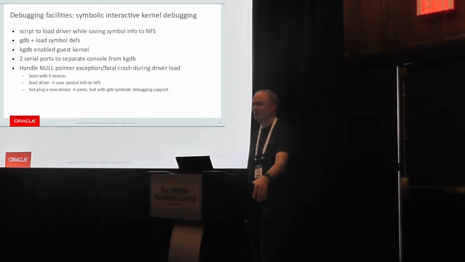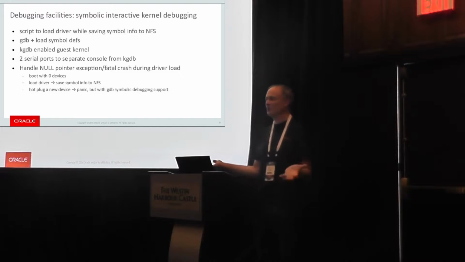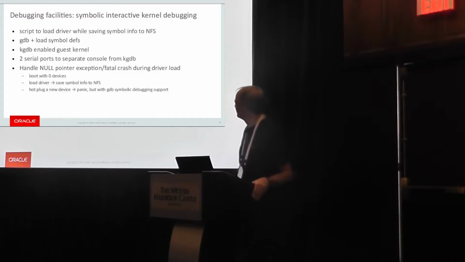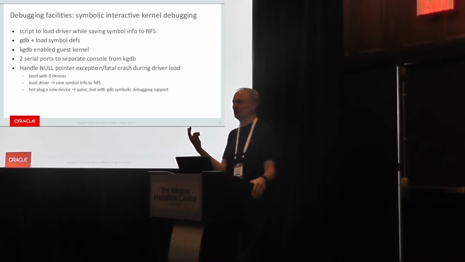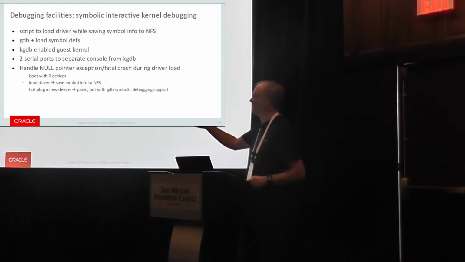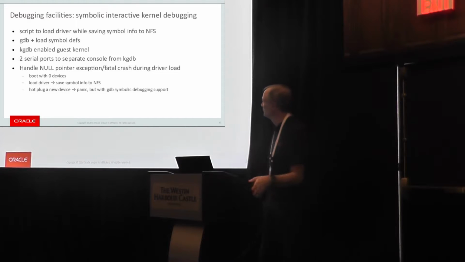QEMU, or our environment there, helped a lot, because it's very useful to have two console ports rather than one, so that you get the console log or the console login in one place, and the KGDB connection in another place. Trivial with QEMU.